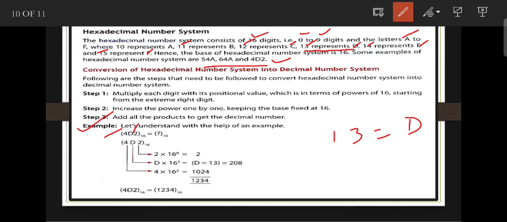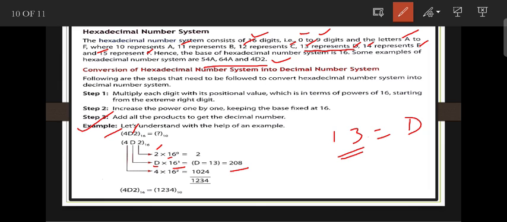So the first digit is 2, multiplied by 16 to the power 0. Why 16? 16 is the base of the hexadecimal number system. Next is D, which represents 13, multiplied by 16, so 208.